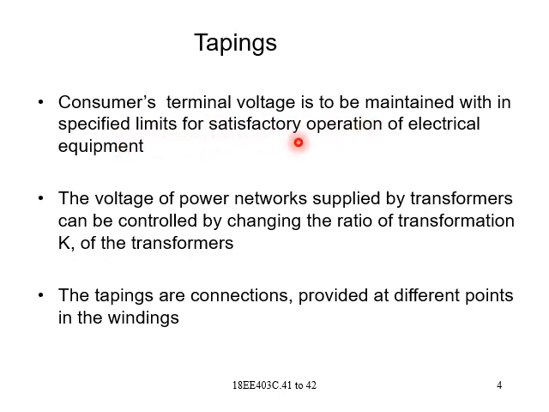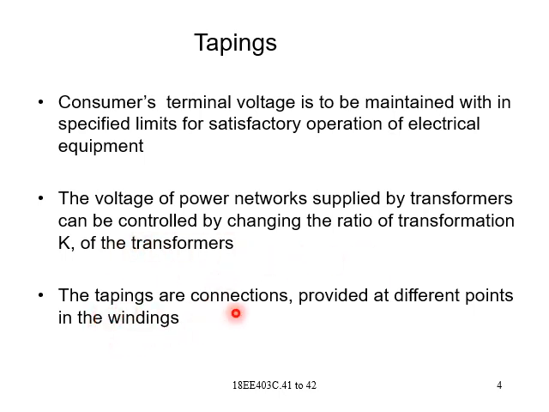In order for electrical equipment to operate satisfactorily. The voltage of power networks supplied by transformers can be controlled by changing the ratio of transformation K of the transformers.